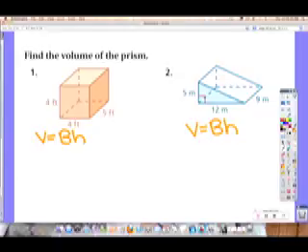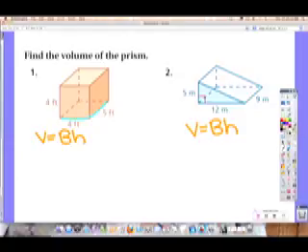Okay, so for base, I did the 4 times the 5. So that's the square. They're both the same. So 4 times 5 equals 20.